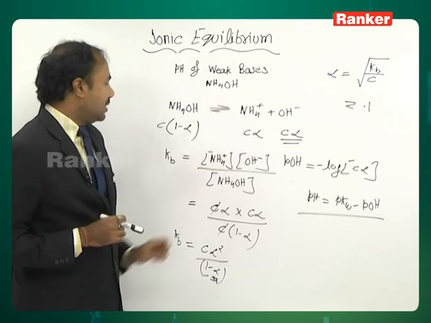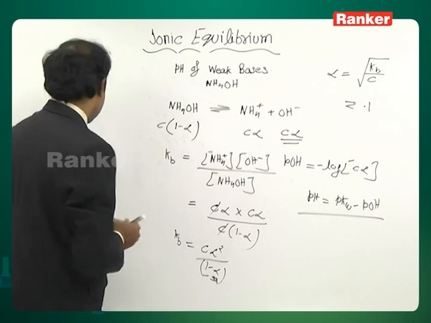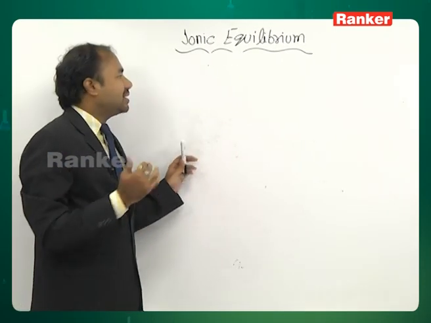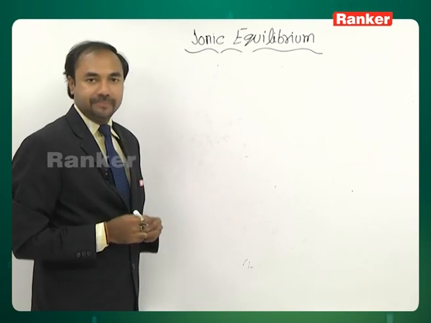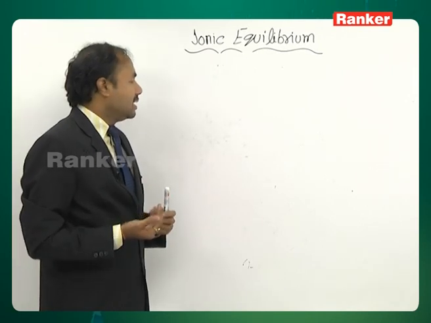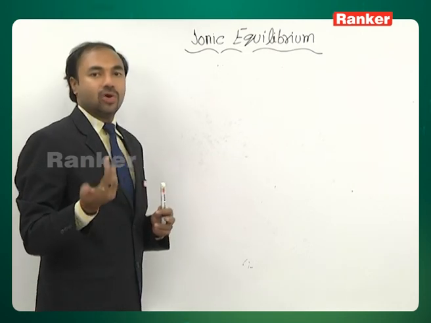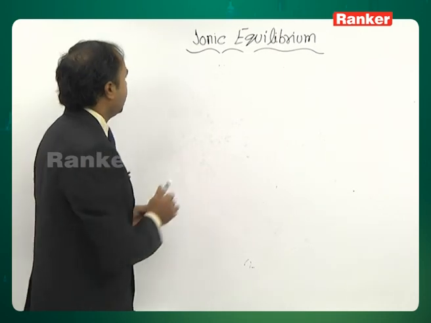Right, now one more type of question is quite important here: to find the pH of a mixture of acid and base. Suppose we have a mixture of two solutions, one of them a strong acid, the other a strong base. How to find that?